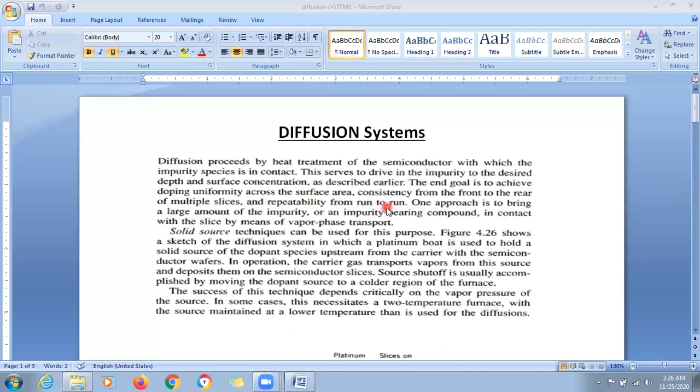Now, one approach is to bring a large amount of impurity in contact with the slice by means of vapor phase transport. So, solid source technique can be used for this purpose.